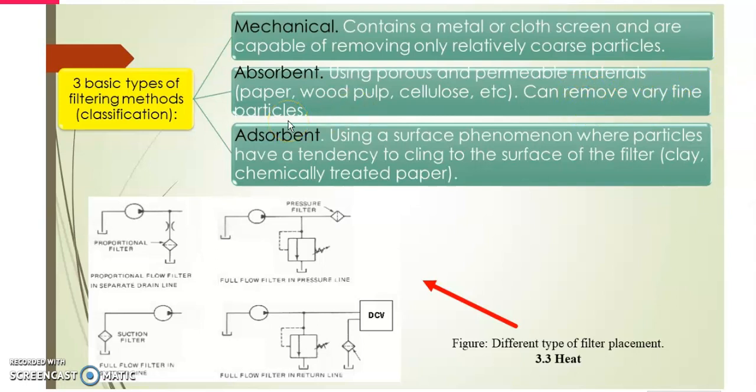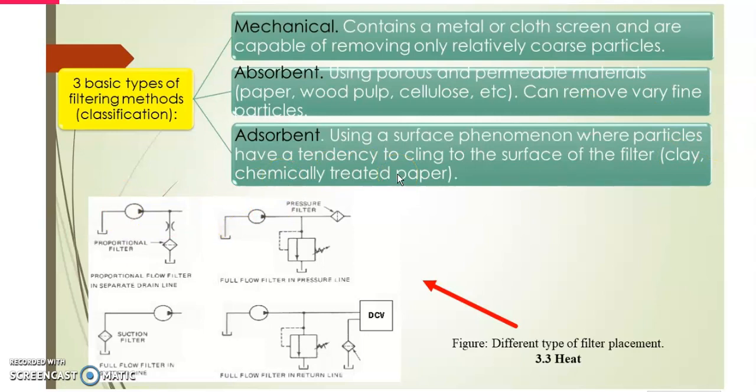For adsorbent, adsorption is a surface phenomenon where the particles have a tendency to cling to the surface of the filter. Thus, the capacity of the filter depends on the amount of surface area available. Adsorbent materials used include activated clay and chemically treated paper.